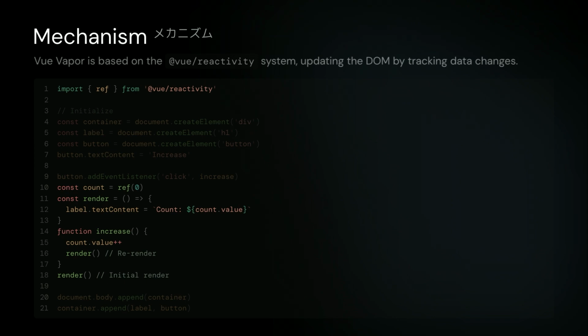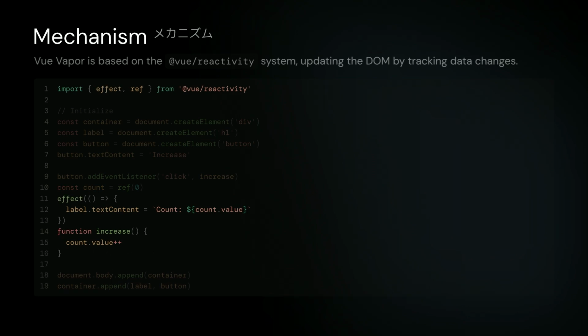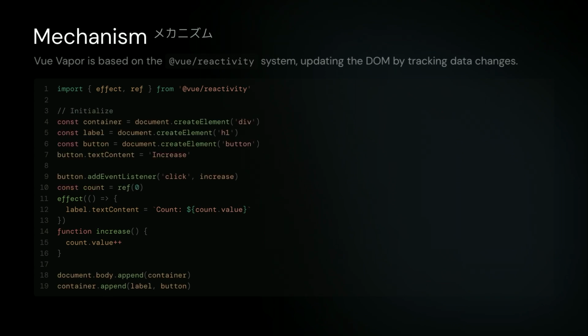But still, we have to manually call the render function to update the page. To automate that, we can use the effect function and put the render function inside of it. Now, the render function will automatically trigger whenever the reactive count changes. This demo only has one increase function, but imagine if we had a decrease function and more functions, we'd have to worry about calling the render function each time, which gets messy, right?